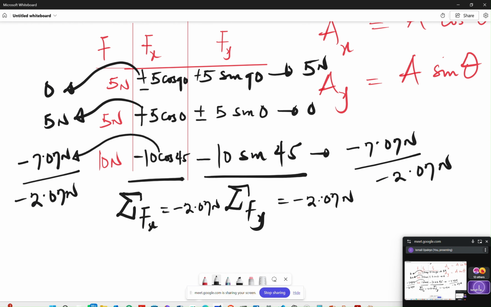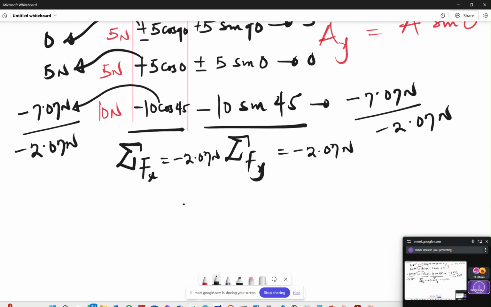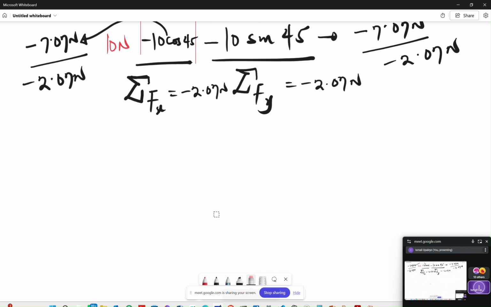Now, when you want to get a resultant value, your resultant will be equal to the square root... Or before that, what you just did is resolve them into x and y. So now you are going to draw another cardinal point showing the direction. Sorry, that line is not straight.